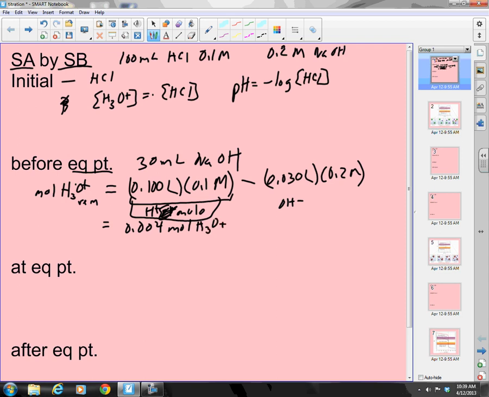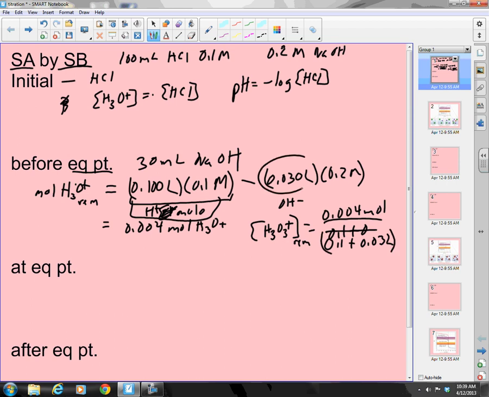But I need to have concentration, so then I need to get the concentration of my hydronium remaining, and that's going to equal my moles, 0.004 moles, divided by total volume. And what's my total volume? 0.1 plus 0.03 liters. Got it?